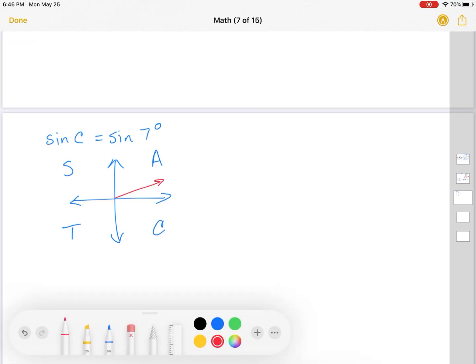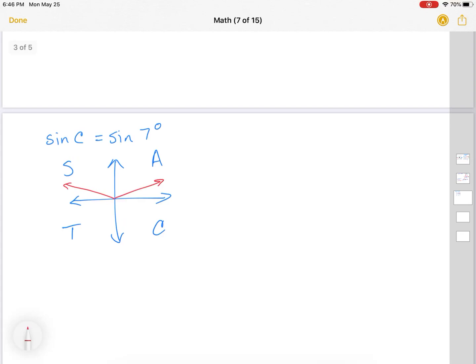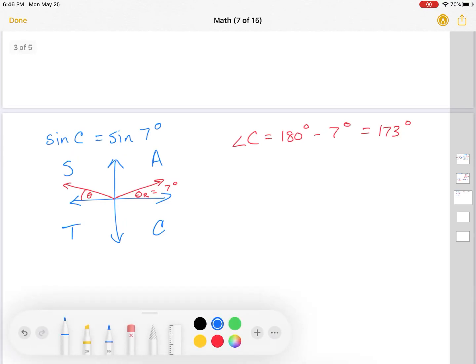The other quadrant where sine is positive is in this one. So my reference angle is 7 degrees. It's the same over here. So angle C is going to be 180 degrees minus 7 degrees, which is 173 degrees.